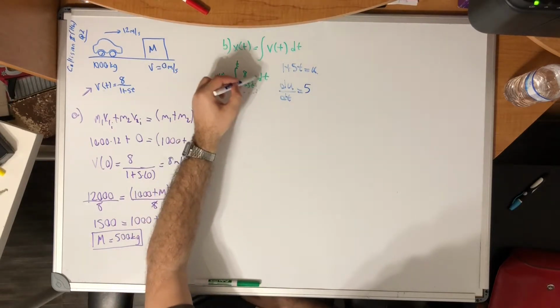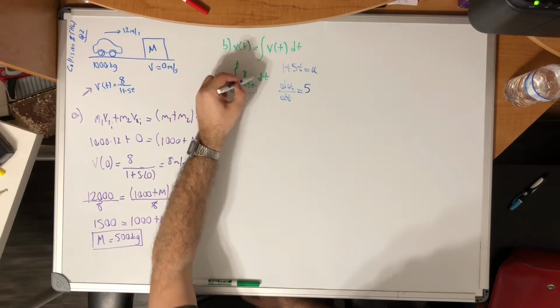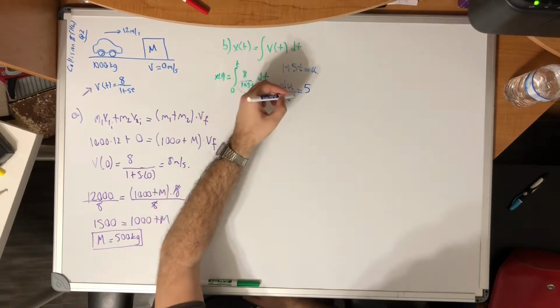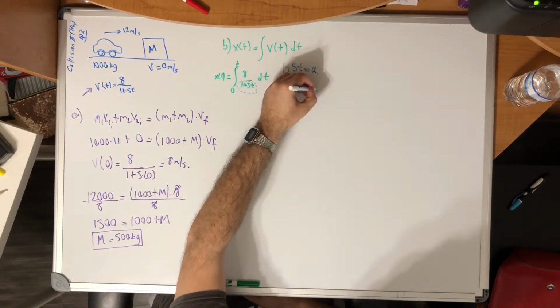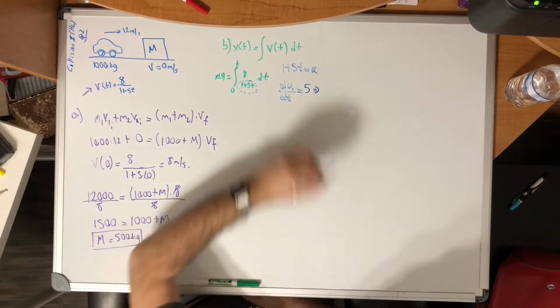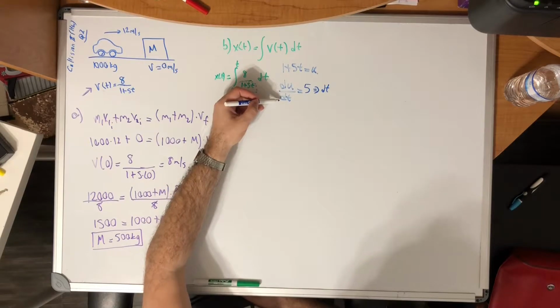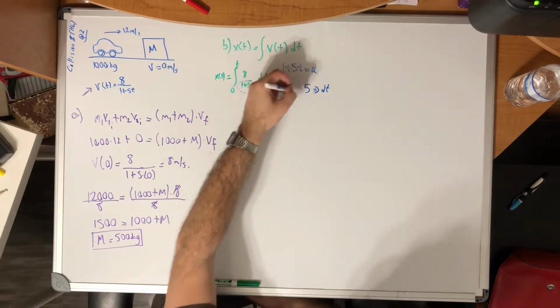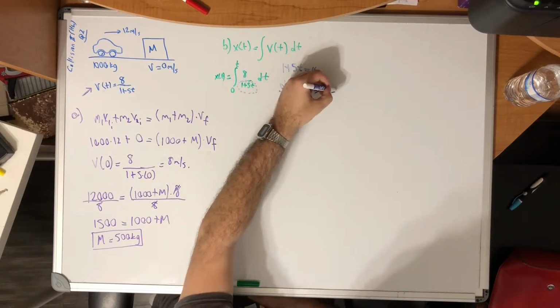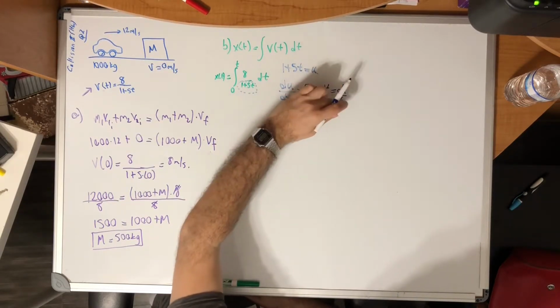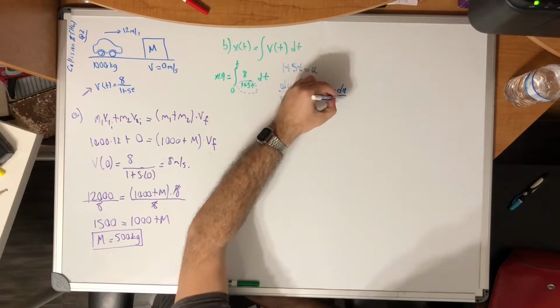But what am I trying to figure out? I'm trying to get rid of this dt. So isolate this dt and see what you have. If you would like to isolate this dt right here, you can just switch them, and that is going to give you the relationship in between du and dt.